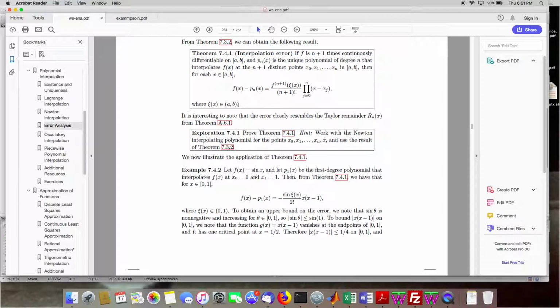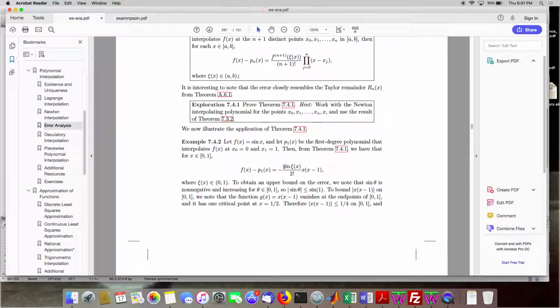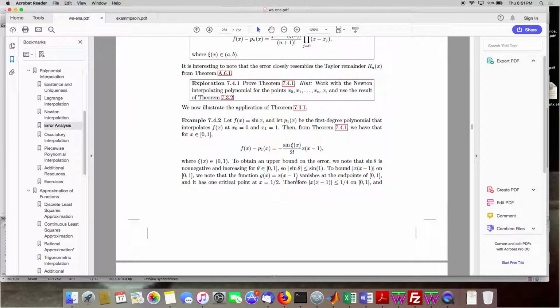When we're bounding the error, does the sign have to be strictly greater than or equal to, or can it be less than that? Because in the example you have less than or equal to.